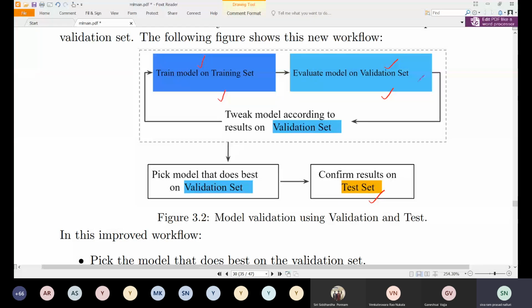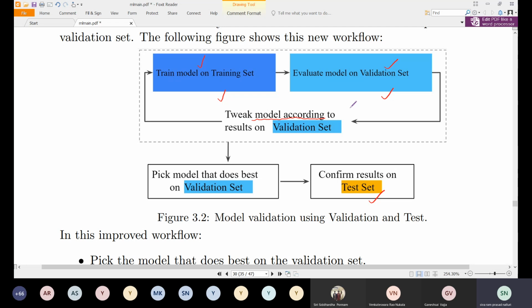And if your performance is not good during validation, once again some model parameters will be adjusted, and you will be given training once again. So training phase, validation phase using validation set. If the performance is not good, okay, change the model parameters, and once again give the training.